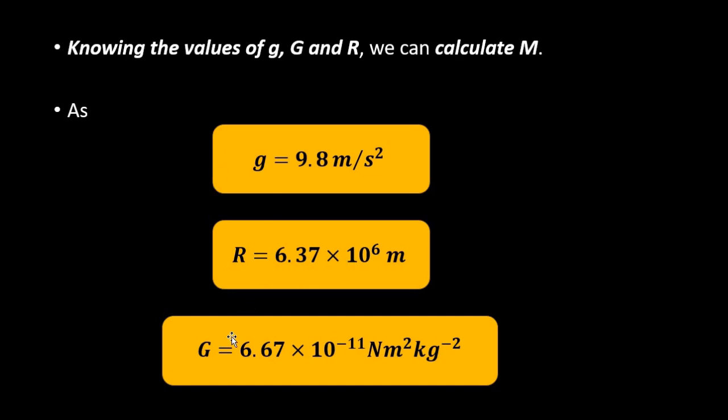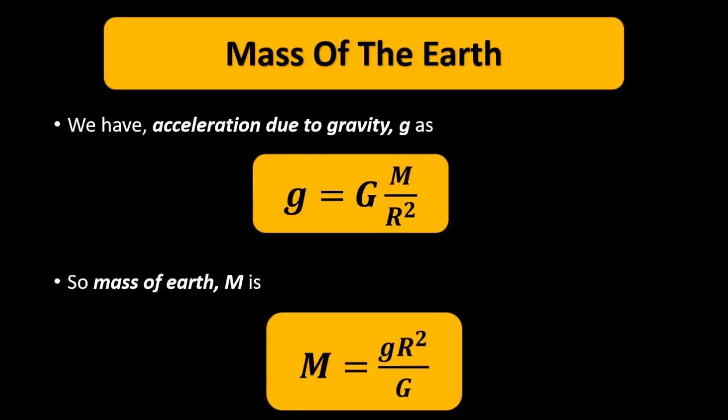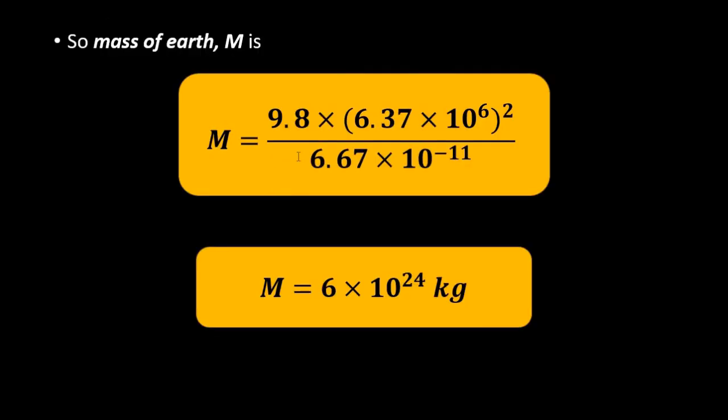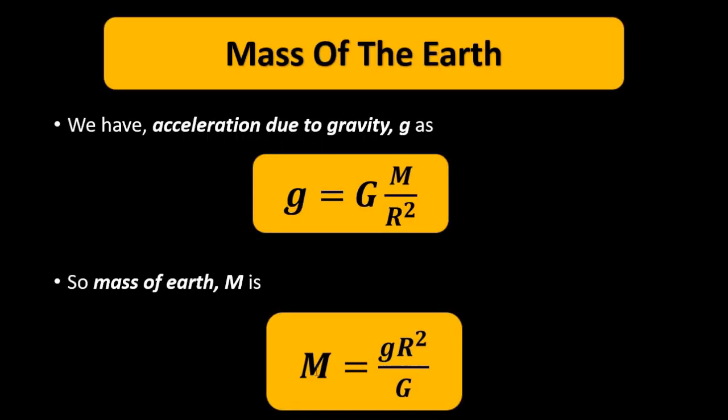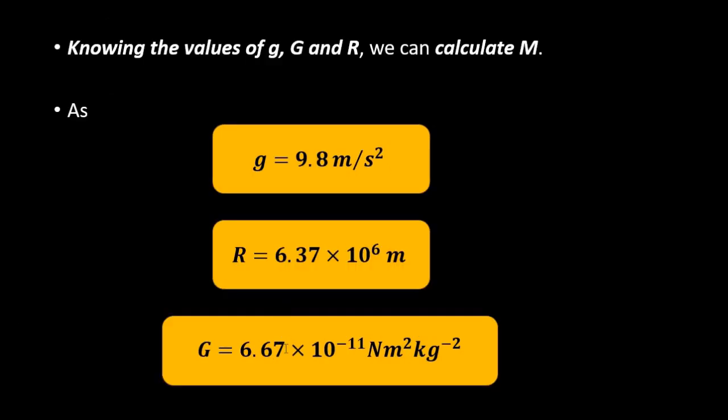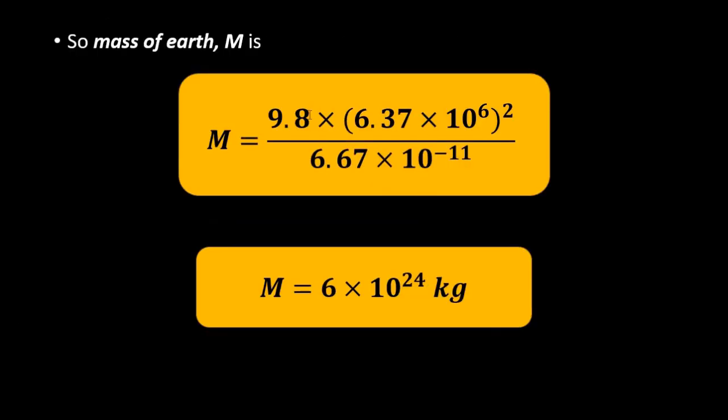So when we put these values in this expression, we will get the approximate value of mass of Earth. Mass of the Earth, capital M, is equal to small g, capital R square by capital G. We'll put these values and we will get 9.8 into 6.37 into 10 to the power 6 square by 6.67 into 10 to the power minus 11.